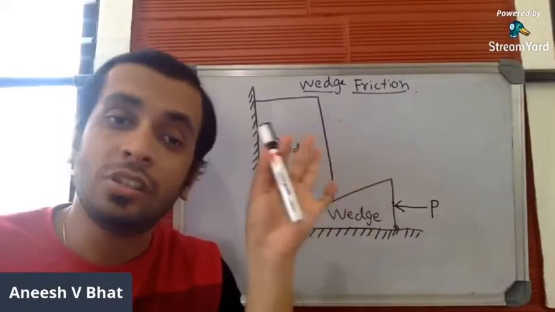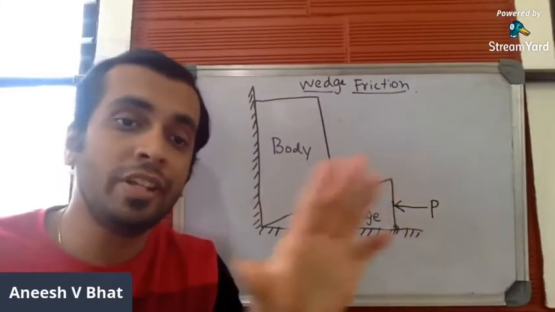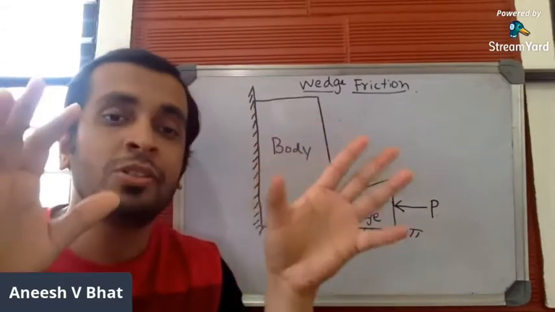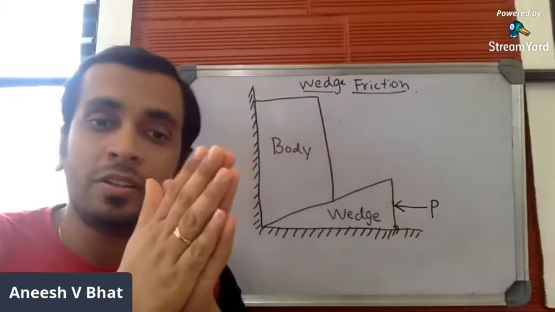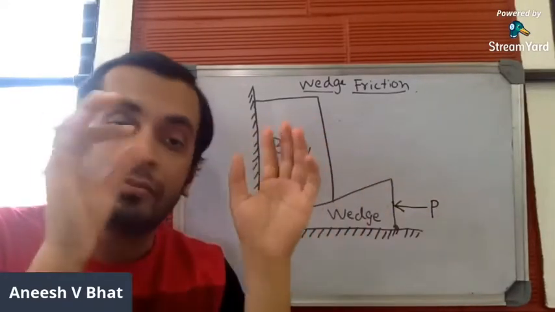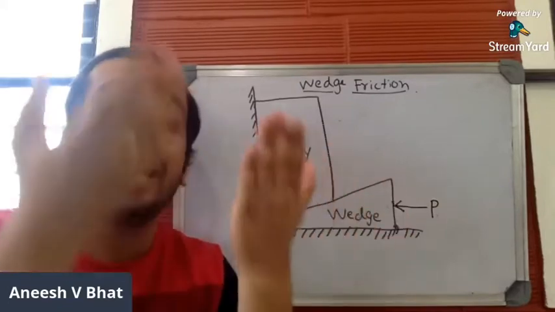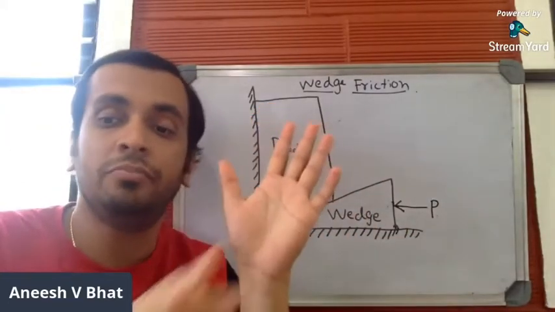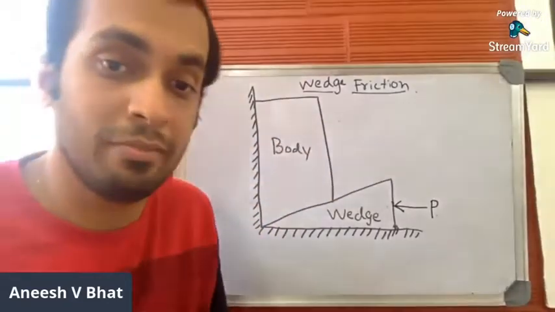First of all, a wedge is a triangular or trapezoidal wooden or steel piece, which is basically used to lift heavy objects or bodies upwards.